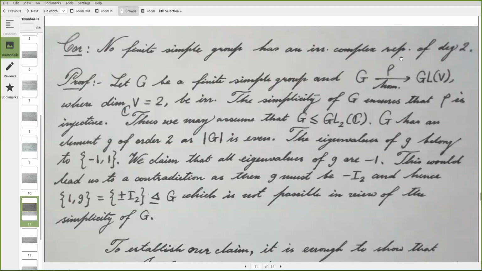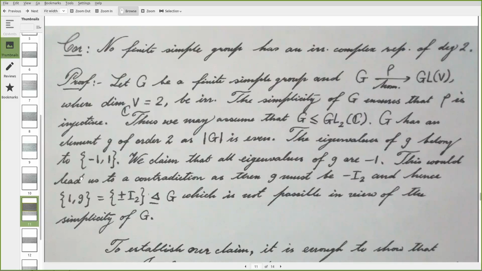Since the order is even, G has an element of order 2. Let's call it small g. Since g is an element of order 2, it's a matrix of order 2, so its eigenvalues will belong to the set {minus 1, 1}.